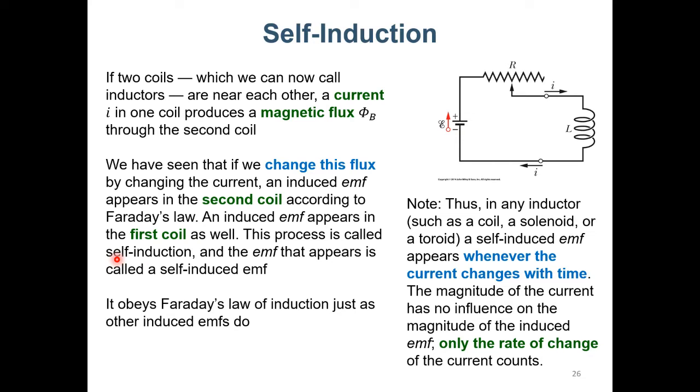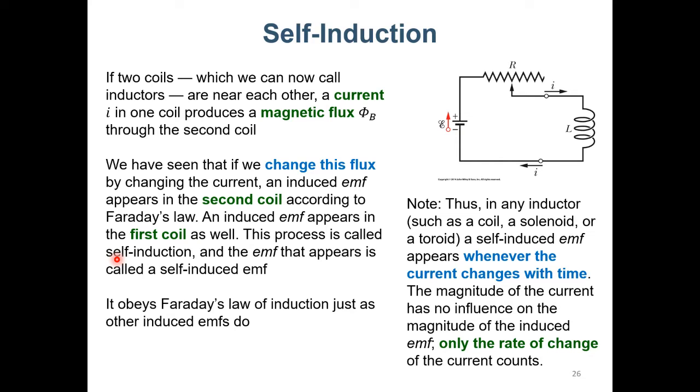Which means that it will also generate some sort of magnetic field. And this one will make the magnetic flux for this coil change. So this one influences the magnetic flux for this one.